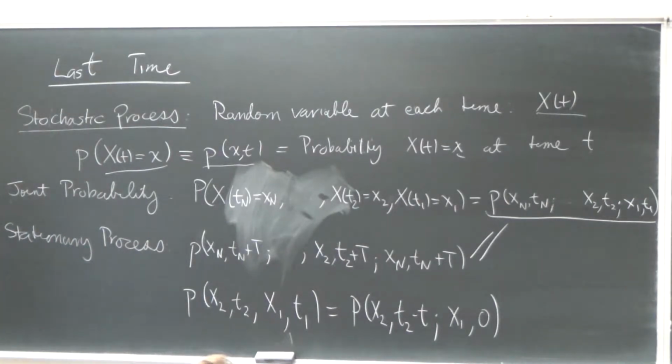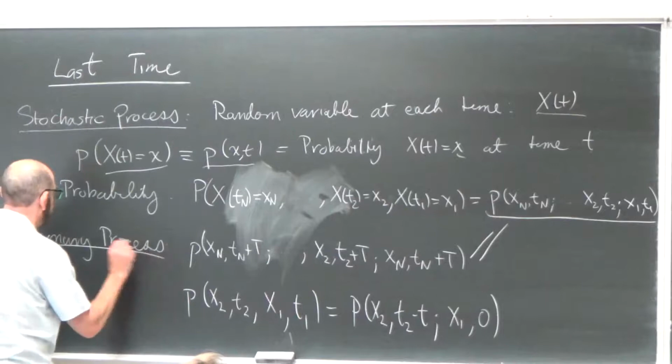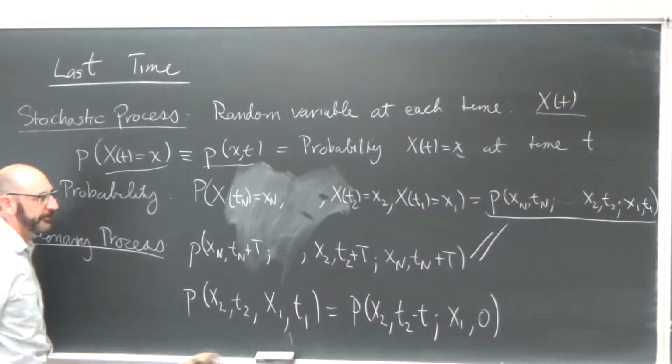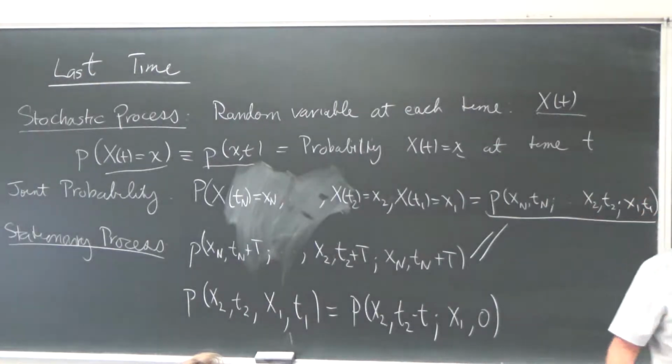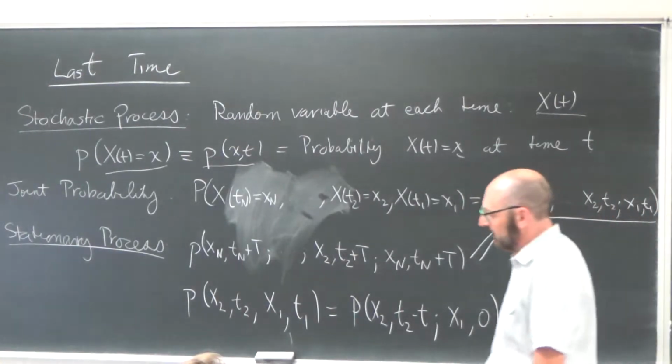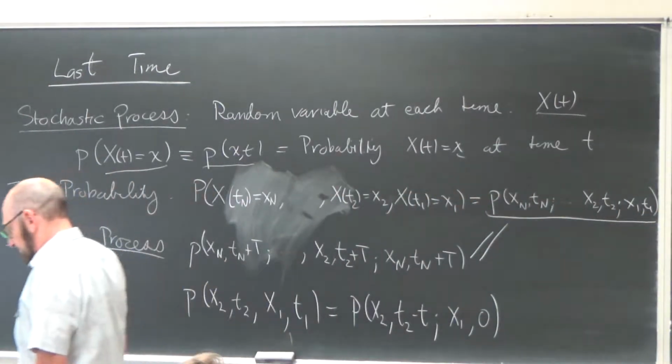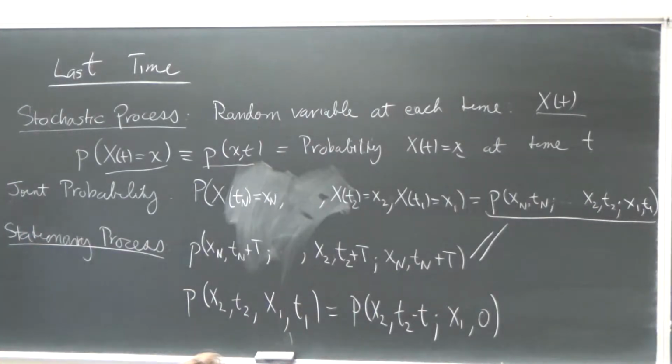One is what we think of as a so-called stationary process. The term stationary has a variety of meanings in physics and in math. Here, what it means is that statistics are independent of time.